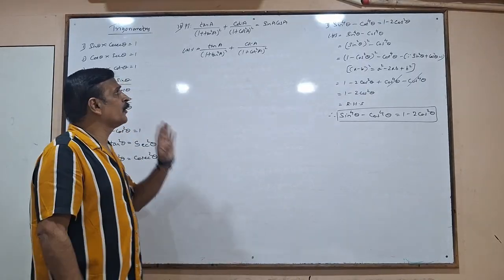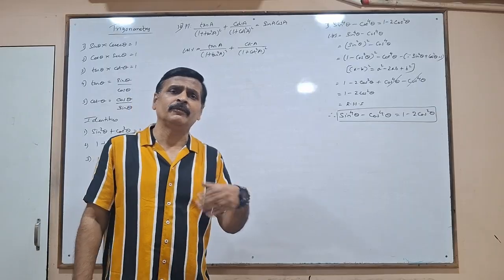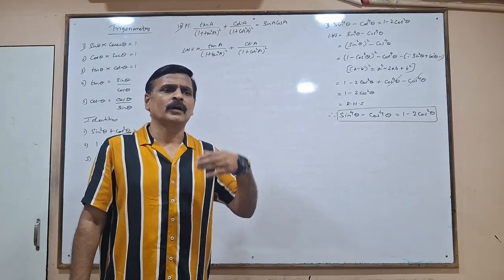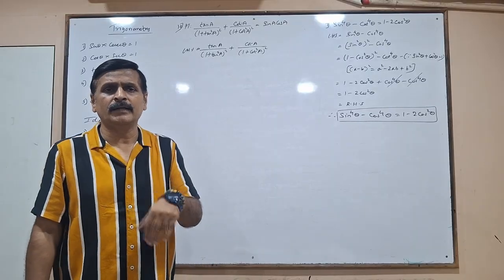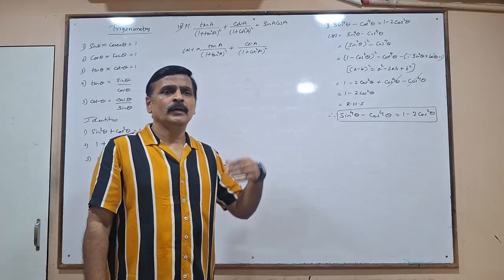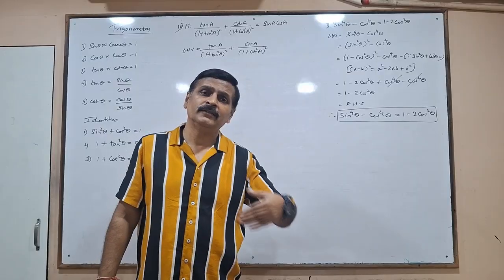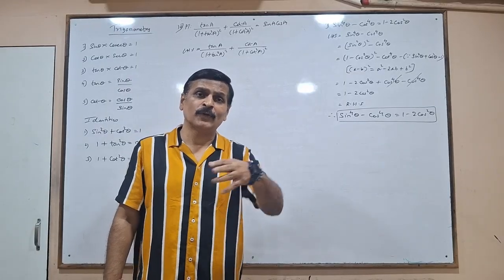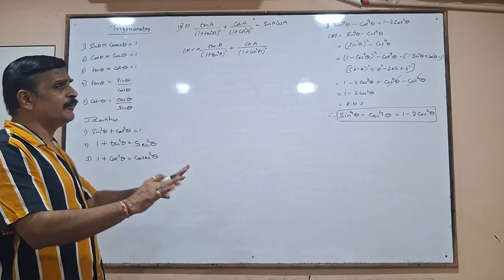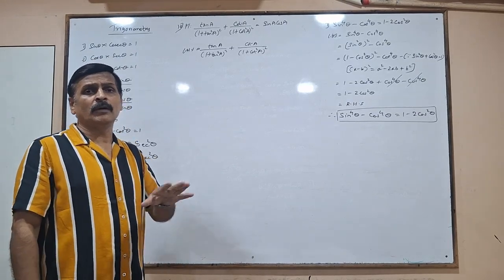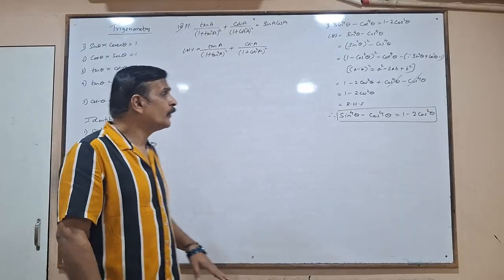But otherwise, a trigonometric problem can be solved in different ways. Sometimes you convert every problem to sine and cos. Sometimes you apply identities, sometimes identities studied in lower standards, those identities and formulas and all that. So there are different ways of solving a particular problem of trigonometry.